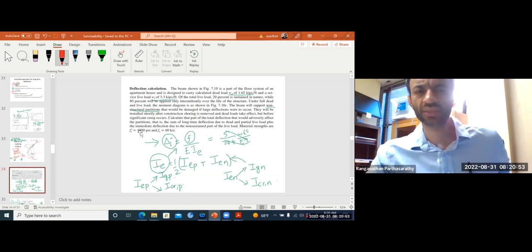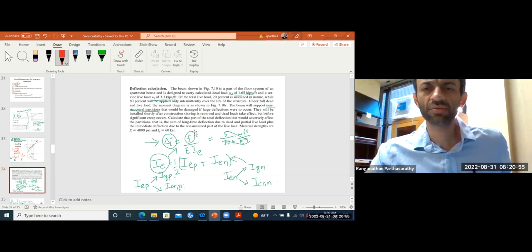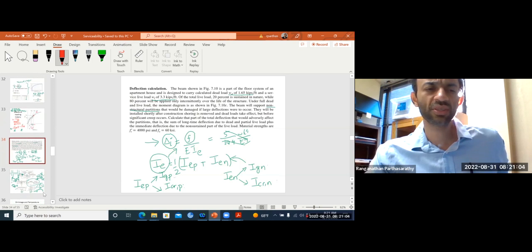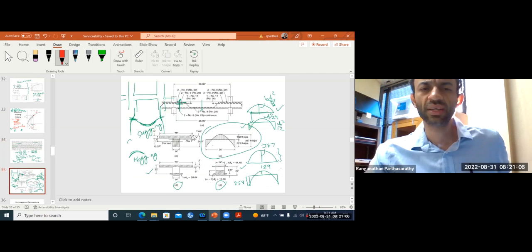Material strengths are as usual given, f'c and fy. So what is the moment of inertia that we are going to use? You have some negative moment region, you have some positive moment region.